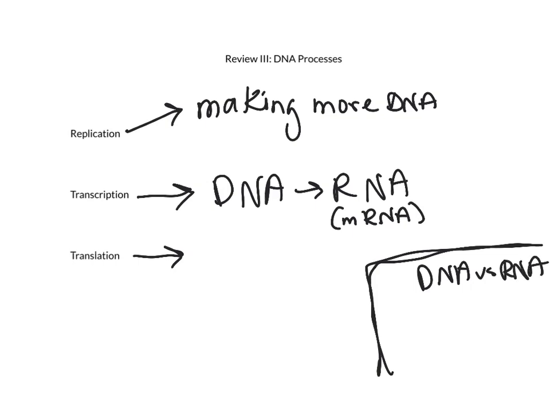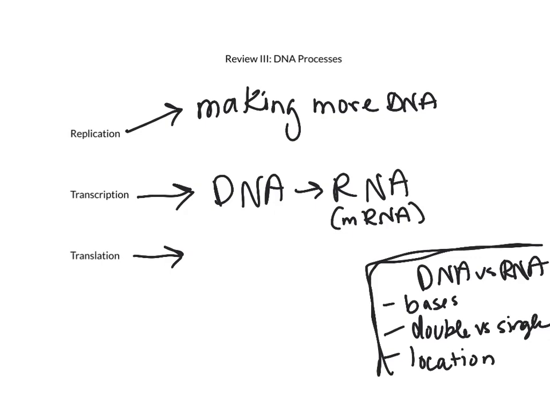Keep in mind, the bases are going to be different. In DNA, you have thymine, and in RNA, you have uracil. Double versus single-stranded is something that you could talk about. And the final difference that you could talk about is the location you find these in. RNA is going to be found outside of the nucleus, whereas DNA is primarily going to be inside the nucleus.